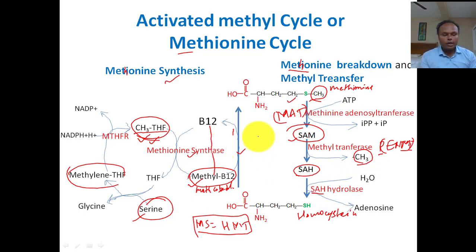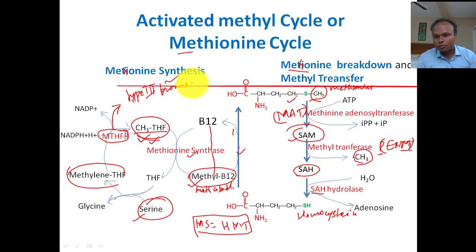What is the significance then? The significance of this cycle is this enzyme. Generally, this enzyme is deficient in type 3 homocystinuria. What will happen?